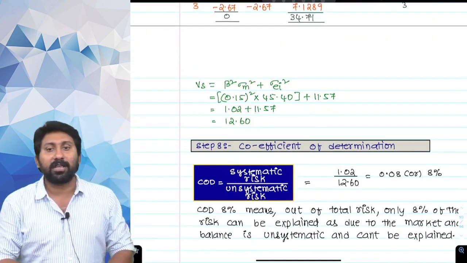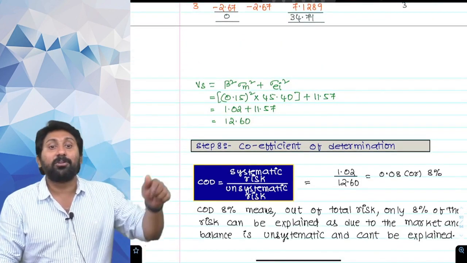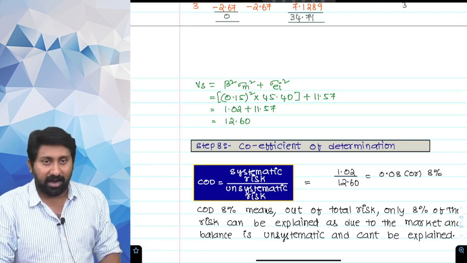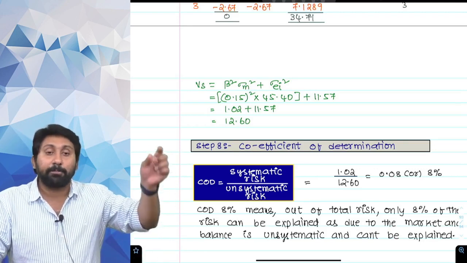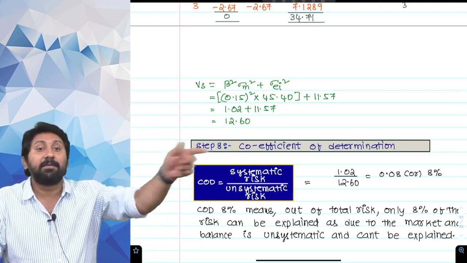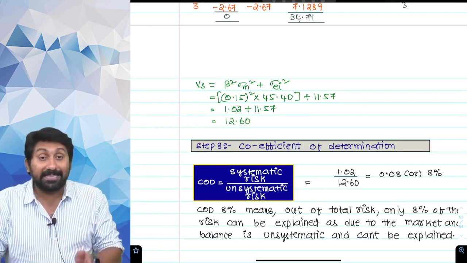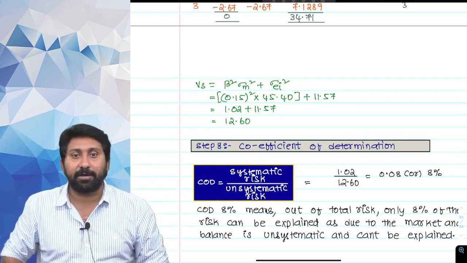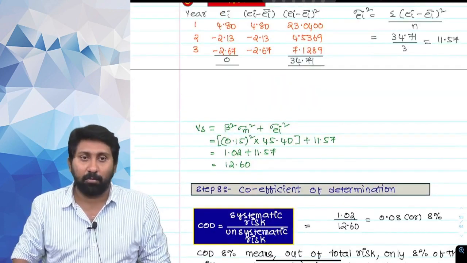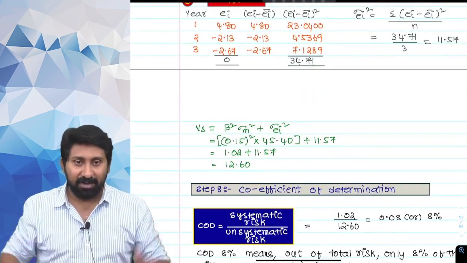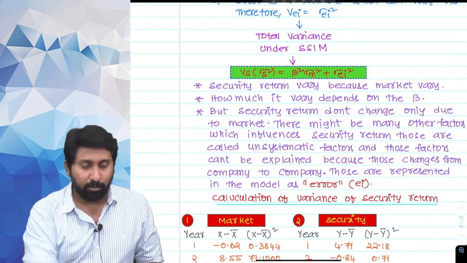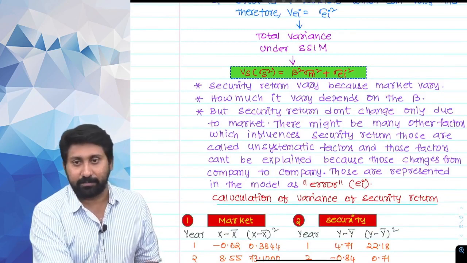So in the total risk, only 8% you can quantify for the market, the remaining will come from the security. That means only that much percent you can ask a premium on that security. That means investment ideology has changed because of Sharpe's single index model. With this, we have completed the Sharpe's single index model with complete analysis.